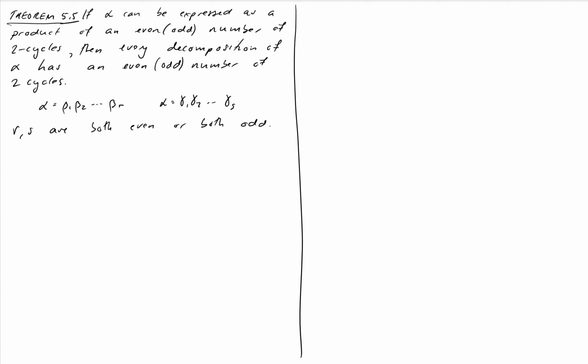Okay, so let's just prove this, and this one's really easy because all the hard work was done by our previous lemma. So we'll just start with making the left-hand side equal the right because they're both equal to alpha.